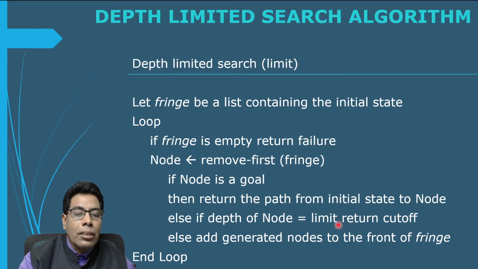If the depth is less than the limit, it adds the generated nodes to the front of the fringe. The nodes are added to the front of the fringe, same as in depth first search, so it uses a stack, a last in first out data structure. In this way, the depth limited search algorithm works.